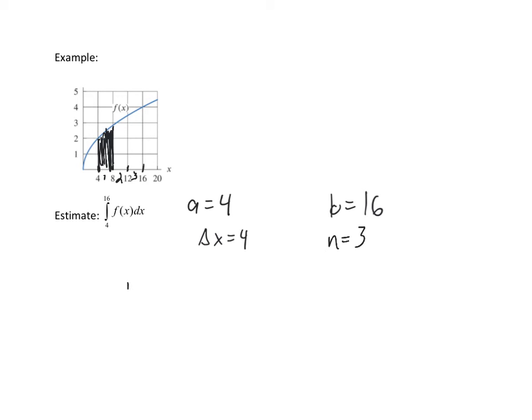What is this area here? Well, I know its width is 4. Now, on the high end, well, actually, let's do the low end. The low end, I've got a value of 2. On the high end, I've got a value of not quite 3. So we know we want to be somewhere between 2 and 3. I'm going to guess maybe about 2.5. Then we need to do this next area. We're going to estimate this area in here.